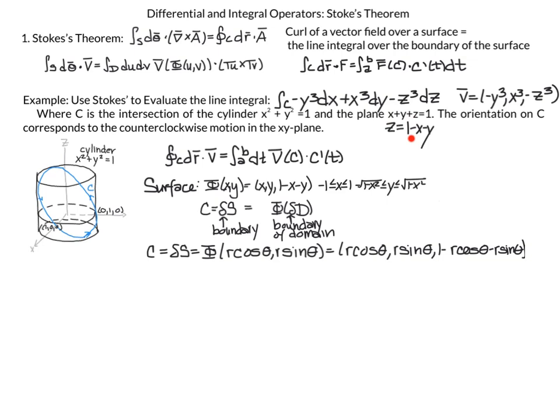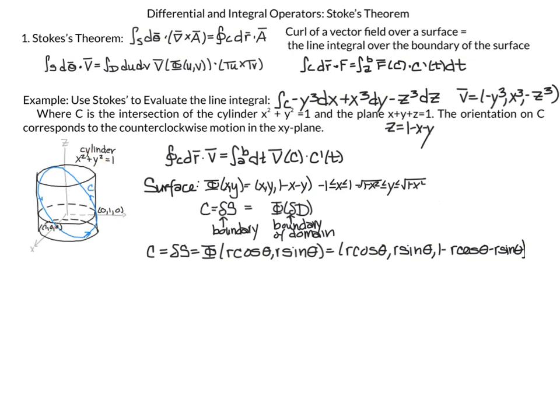Well, we have the equation for the plane, which is x plus y plus z equals 1, or in other words, z equals 1 minus x minus y. So to parameterize our surface, x, y is mapped to x, y, and then z is equal to 1 minus x minus y. But the trick is we don't want the whole plane.